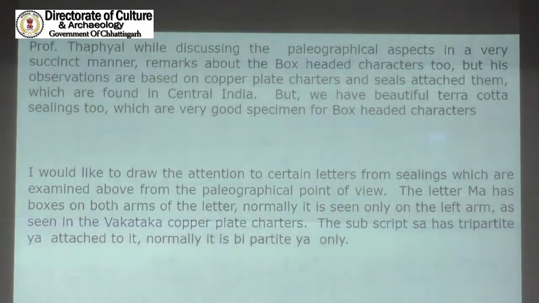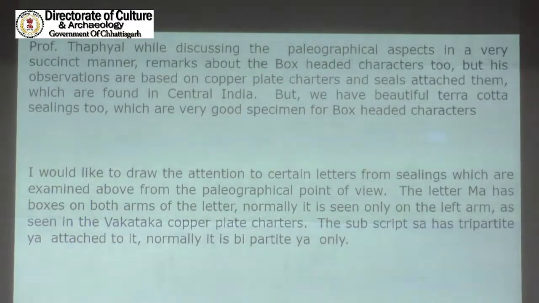So this is my little small conclusion I could draw when I presented this paper. I would like to draw the attention to certain letters from sealings which are examined below. From the letters, Ma has boxes on both the arms, which I showed earlier.